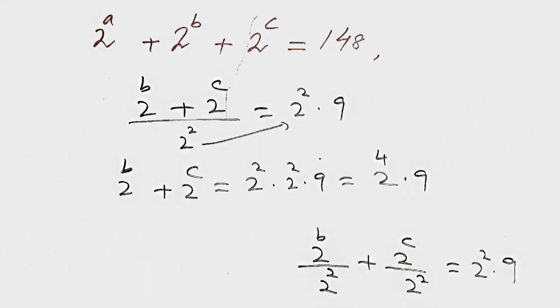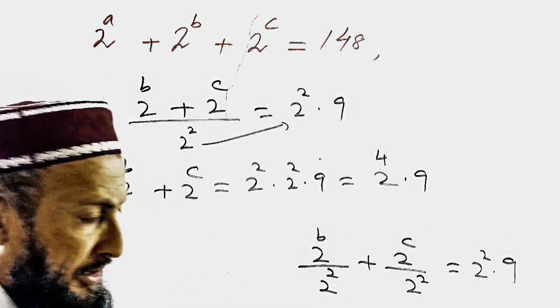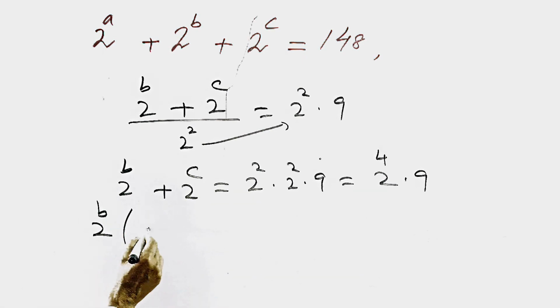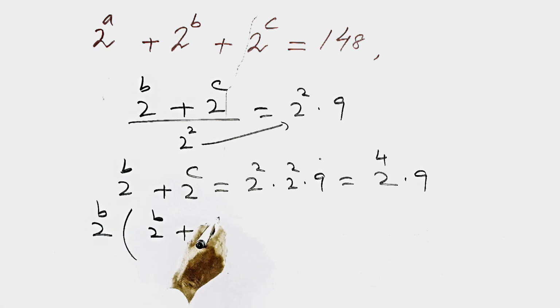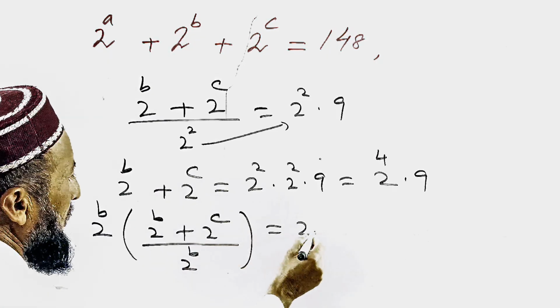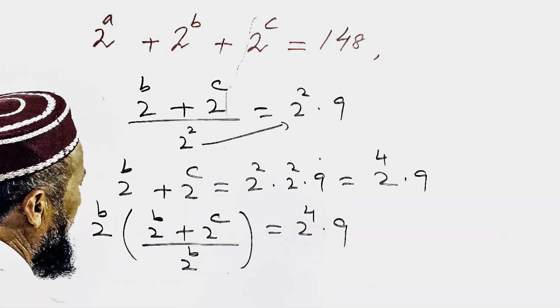Now again we can apply the same method, multiplying and dividing by 2 exponent of b. 2 exponent of b plus 2 exponent of c, divided by this term, is equal to 2 exponent of 4 into 9.